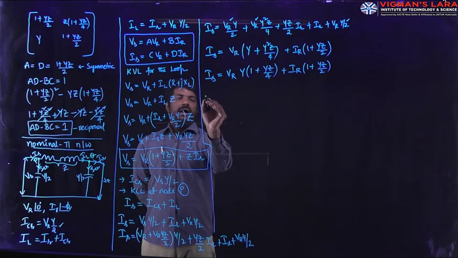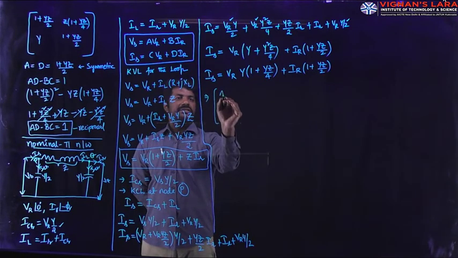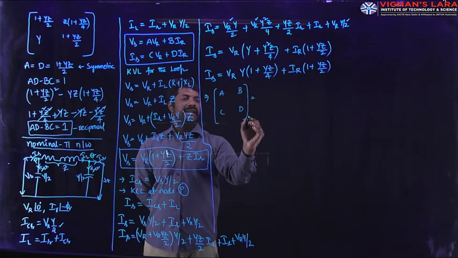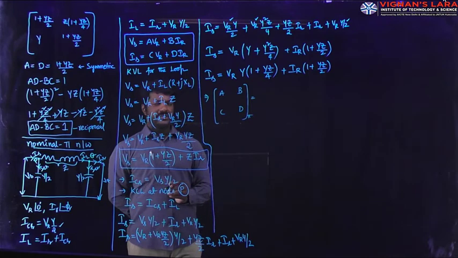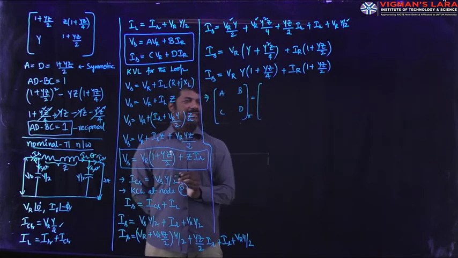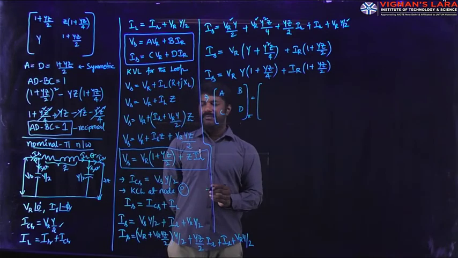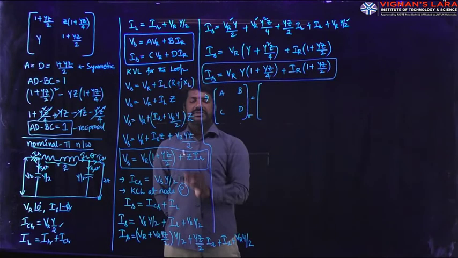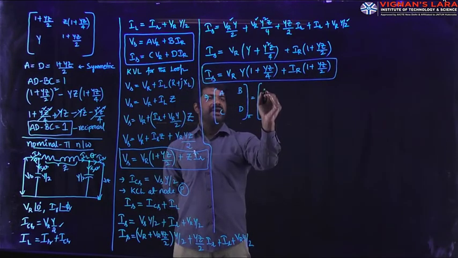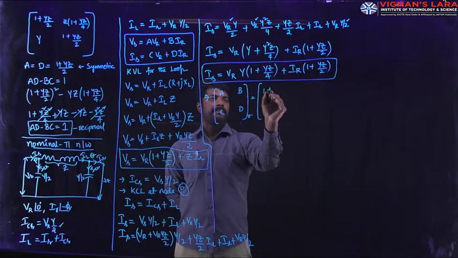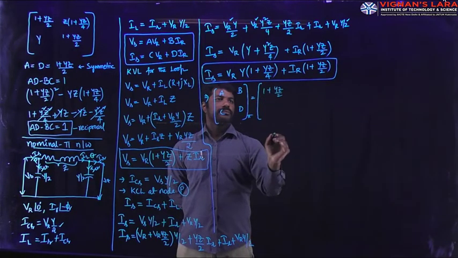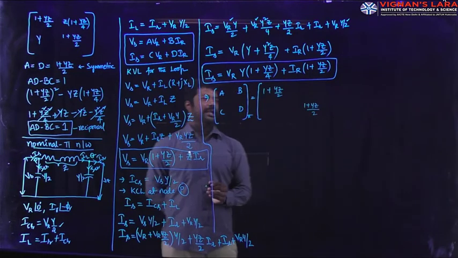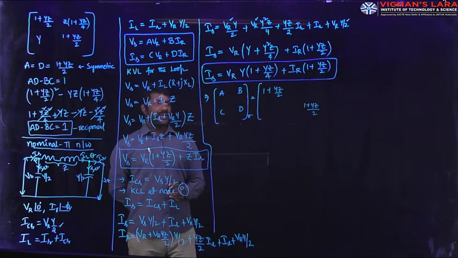So on final simplification, you get the ABCD constants for this nominal pi network. Let us summarize. A and D values are the same if you check the Vs box and Is box equations: A and D values are both 1 plus yz by 2.